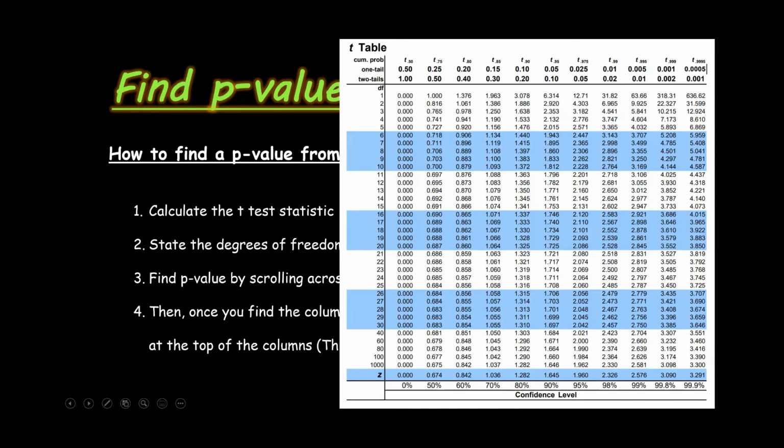Once you find your test statistic in the degree of freedom row that you want, you can find your p-value range in these rows right here. For the one-tail or the one-sided, you will find your p-value in this first row, and for the two-tailed, the two-sided, you can find your p-value in this second row right here.